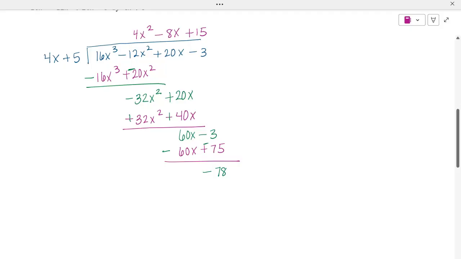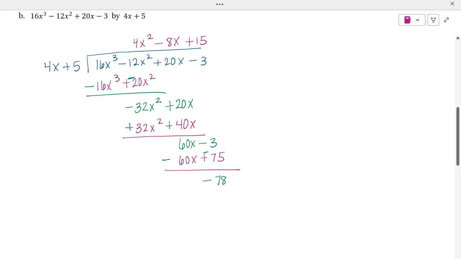So putting this all together, my original polynomial was 16x cubed minus 12x squared plus 20x minus 3.